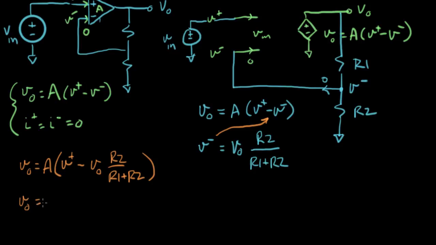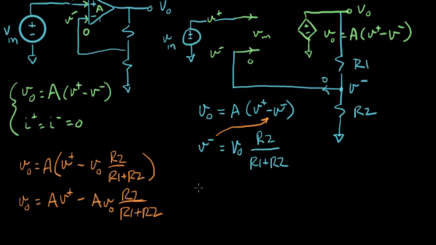V naught equals A times V plus minus A V naught R2 over R1 plus R2. All right, so now I'm going to gather all the V naught terms over on the left-hand side.